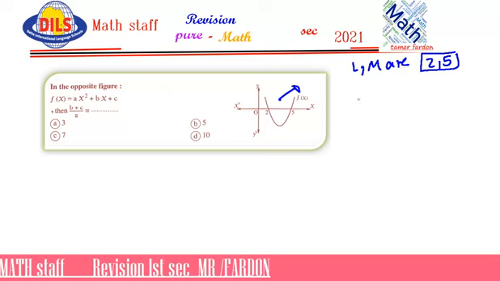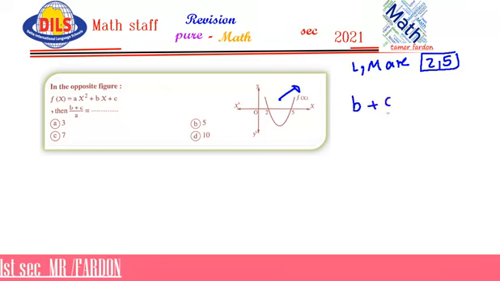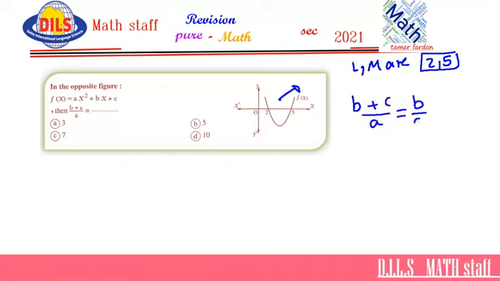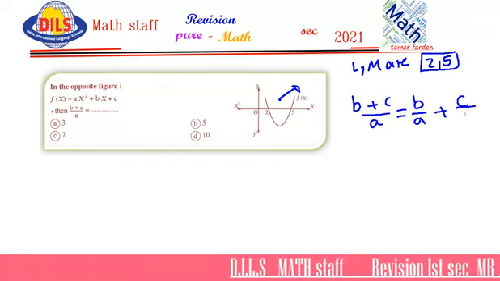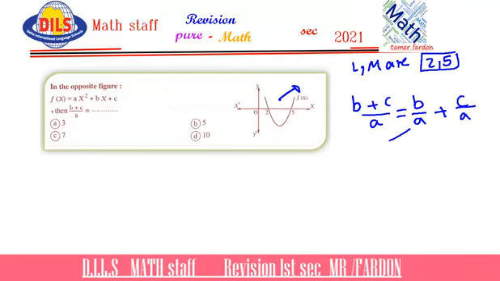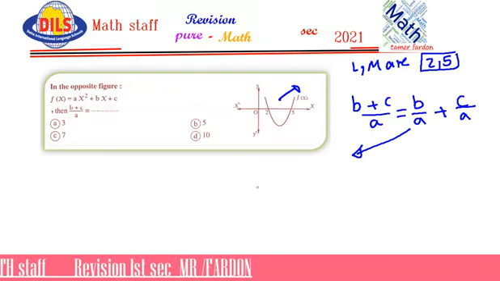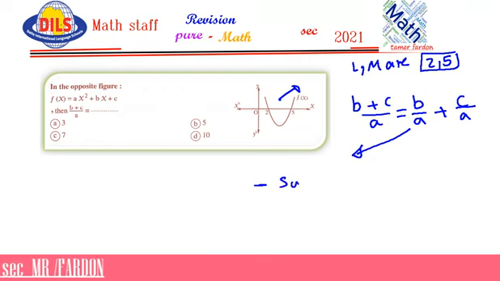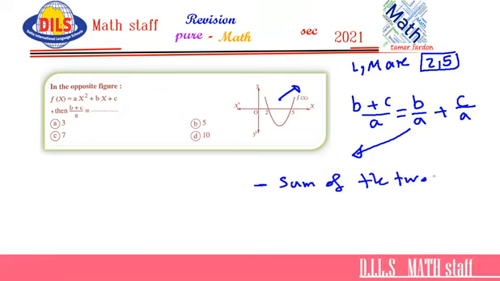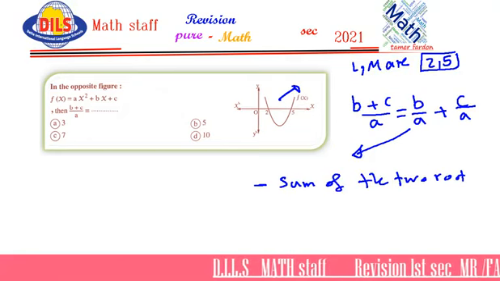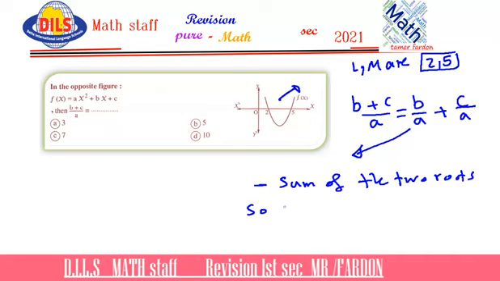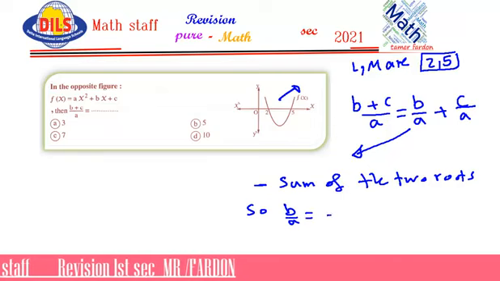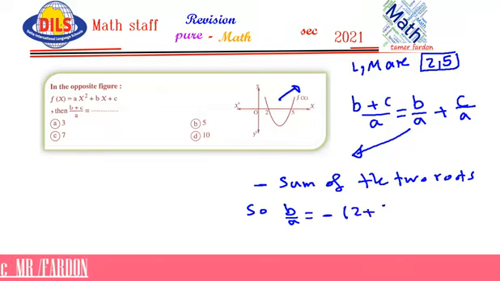The required b plus c over a equals b over a plus c over a. b over a is the negative sum of the two roots. So b over a equals negative 2 plus 5 equals negative 7.